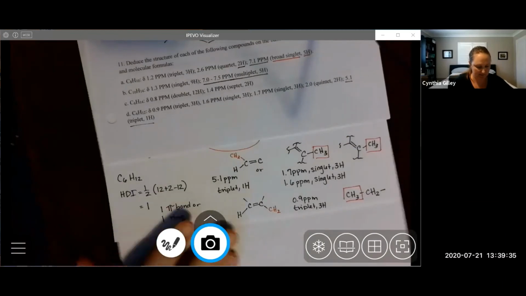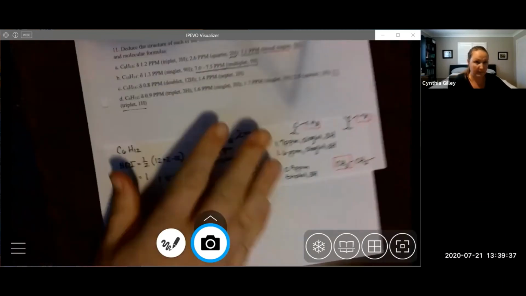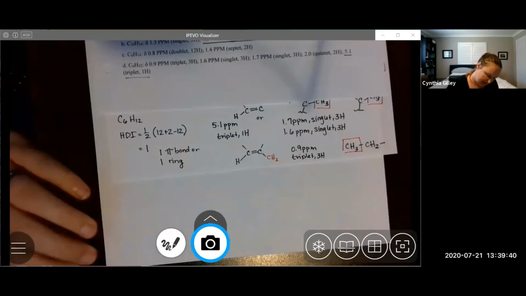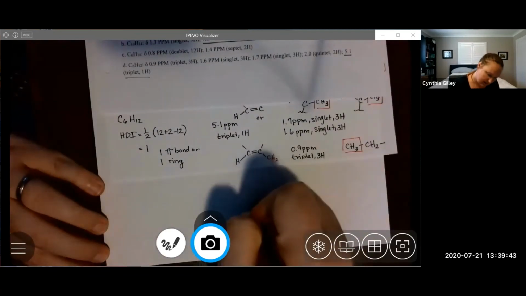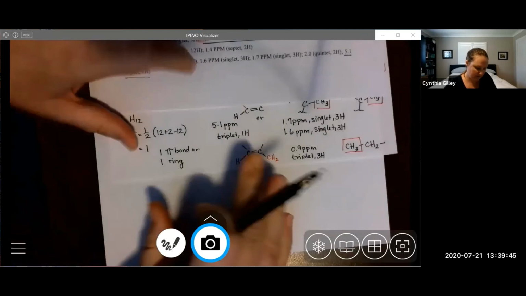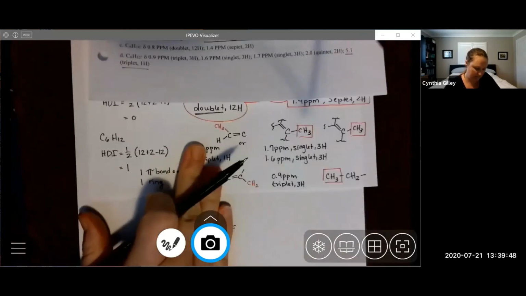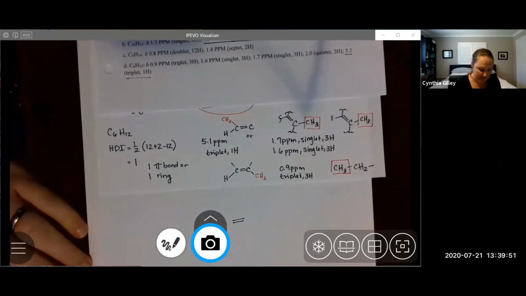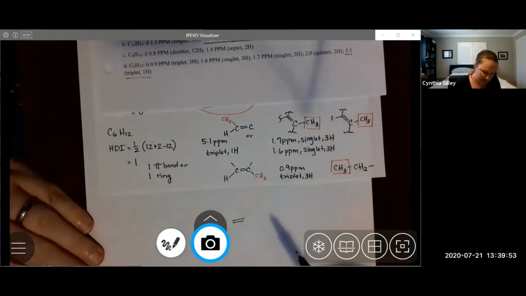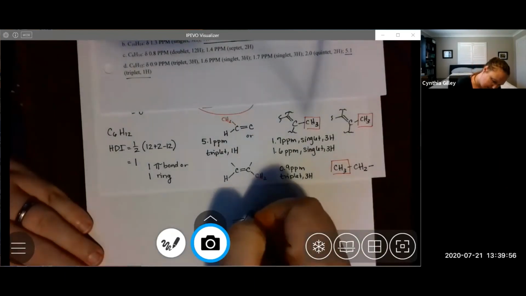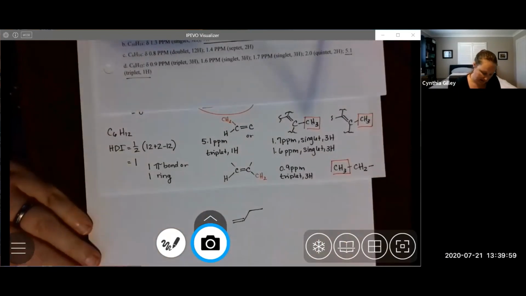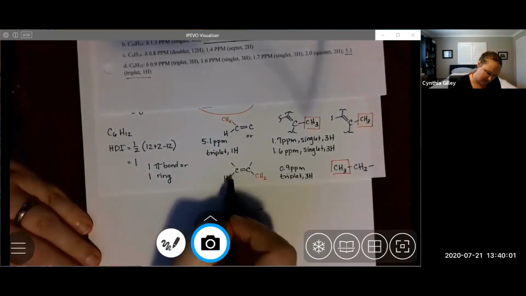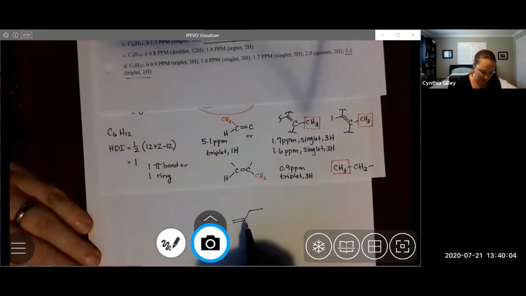Maybe a little more space here. Okay. So if we put that all together, maybe we have an alkene. Looks like we do have an ethyl group, right, because we have this CH2CH3, so maybe there's an ethyl group, and then I need at least one hydrogen attached, so maybe here, maybe there, and then two methyls where there wouldn't have any neighbors.